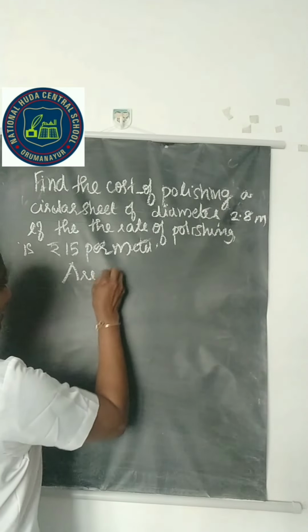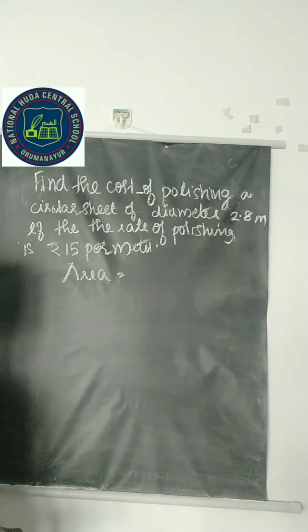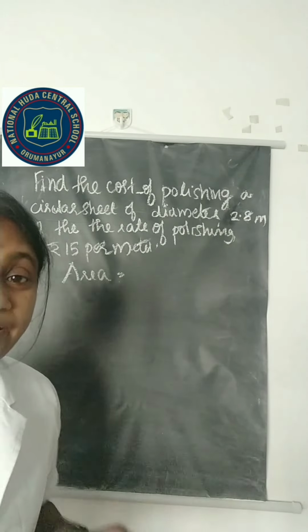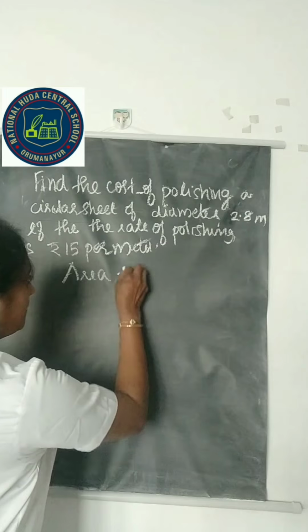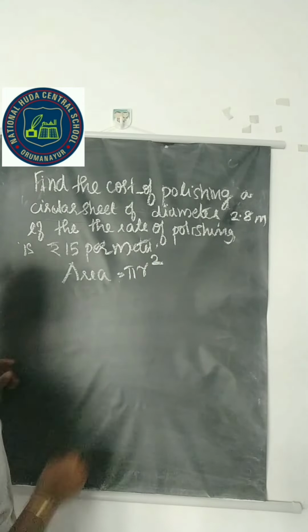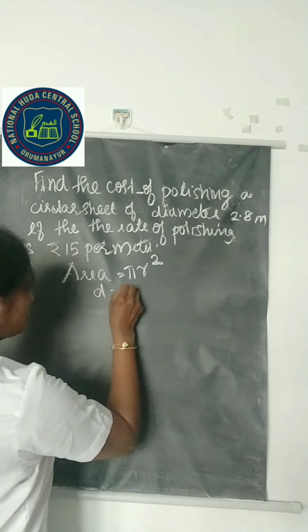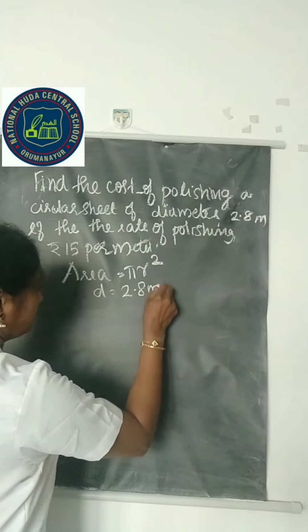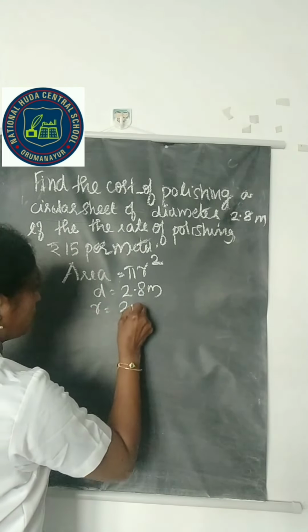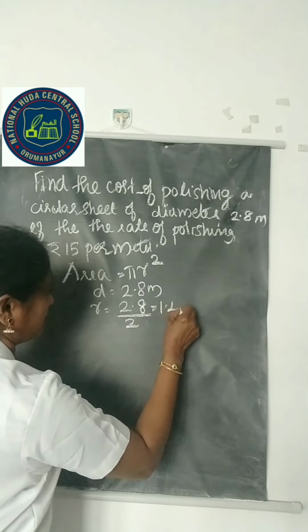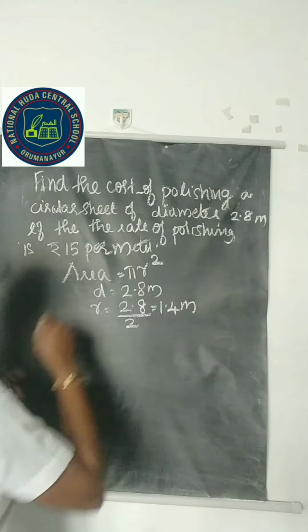We have to find out the area. Area of circle is equal to pi r square.